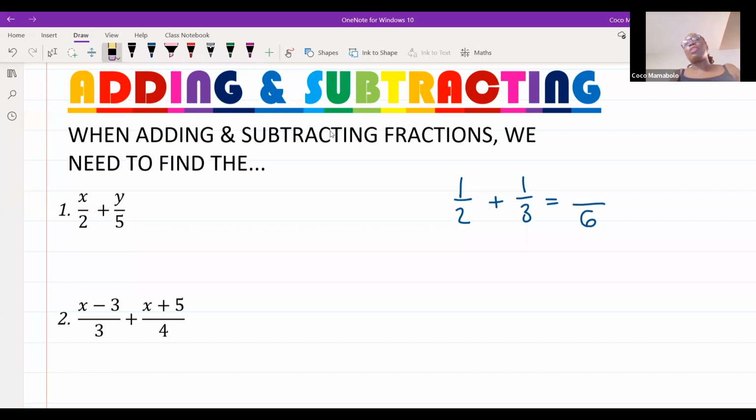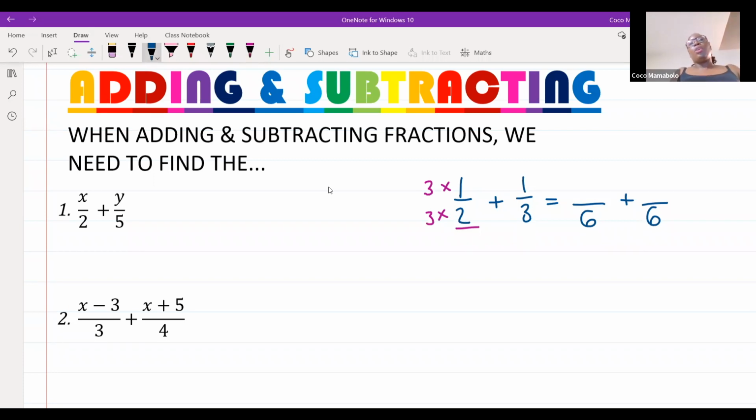Okay, so I know that my LCD is 6. I know that both of them need to be over 6. So what did I do to 2 to make it 6? I multiplied it by 3. Good. And then I multiply the top by 3 because whatever I do at the bottom, I need to do at the top.